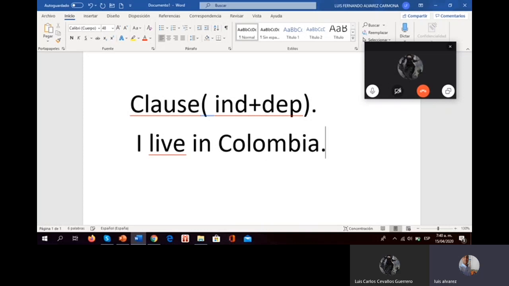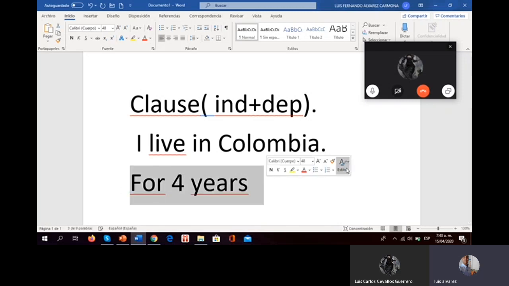So this is a complete sentence. I live in Colombia, because it has a subject, a verb, and a complement. But if you say, for example, for 4 years, this is not a sentence, because we need to include the subject and verb. Is that clear?